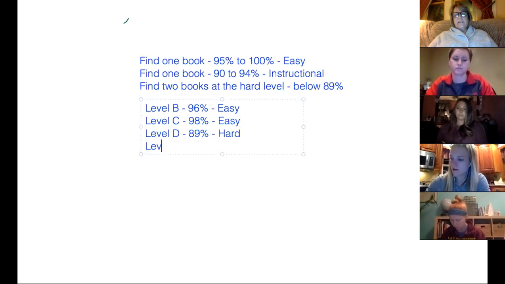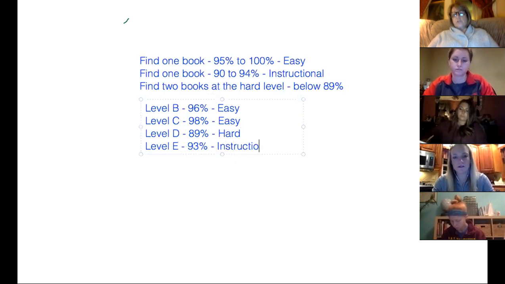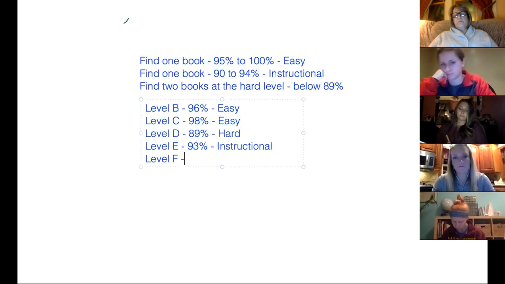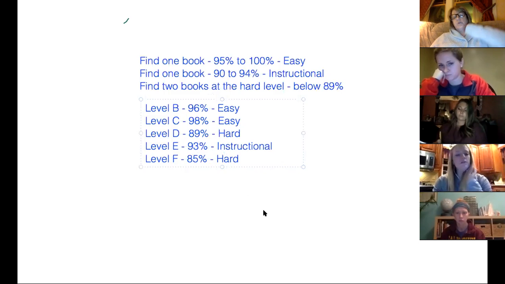So let's say level E comes out 93%. There's your instructional. But you still don't have 2 hard levels. So I'm hoping you could find 2 hard levels, and I sent you enough books that you can do 2 hard levels like this.